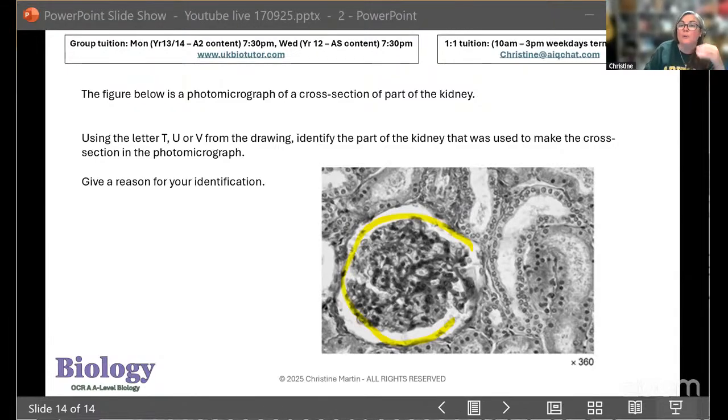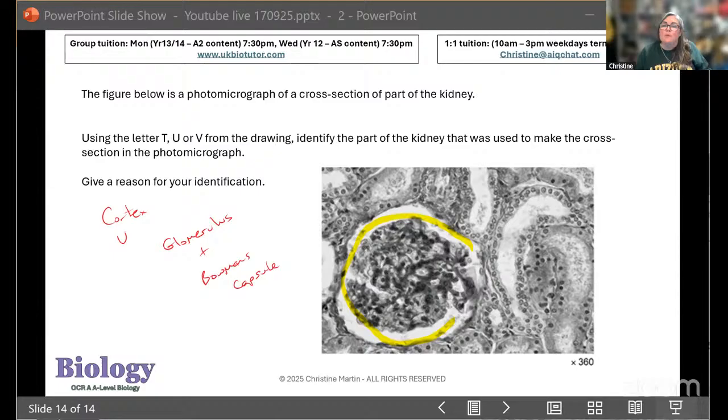So therefore, because we can see our Bowman's capsule, we know we're looking at the cortex, because we can see the glomerulus and the Bowman's capsule.